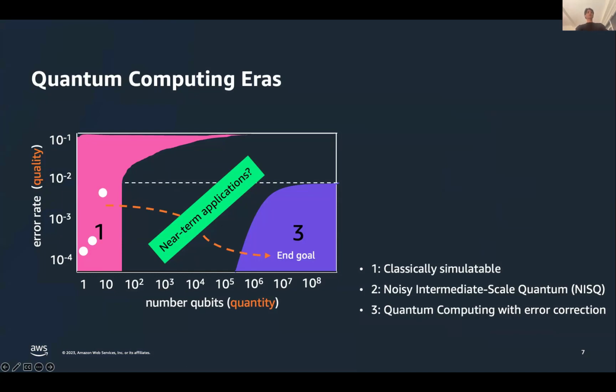It's not like we need 10 to the 6 qubits to lower the error rate to 10 to minus 4. We need 1 million qubits with error rate 10 to minus 4 to achieve fault tolerant quantum computing. So we need millions of qubits, and we need all the qubits to have a very low error rate, of the order of 10 to minus 4, to do any useful quantum computing.